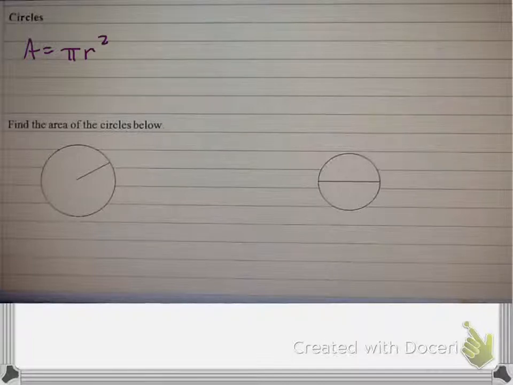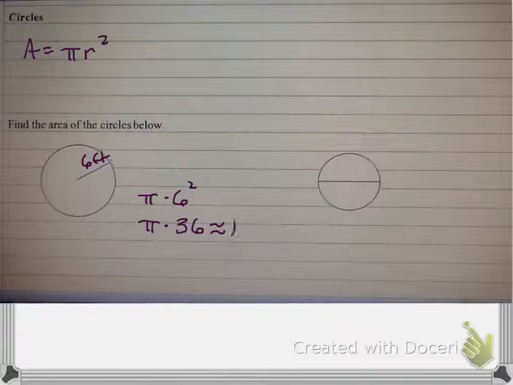So, for example, if we say this is a radius of 6, we'll say feet, you're going to do pi times 6 squared, so that's pi times 36. If I left it as pi times 36 or 36 pi, that's leaving the answer in terms of pi. Most of the time I'll want you to give me the approximate answer, so you'd say that this is approximately 113.09, and it'd be feet squared.